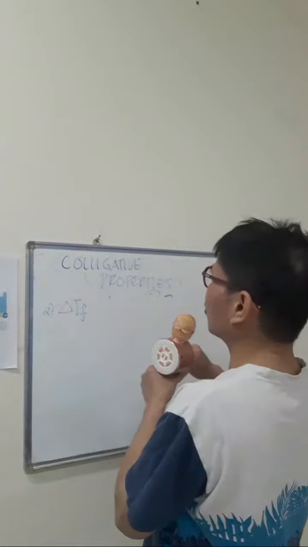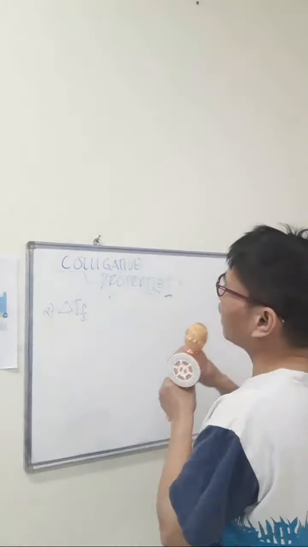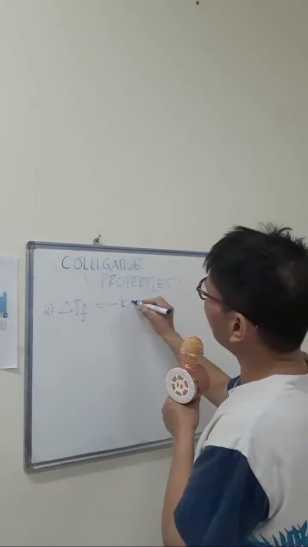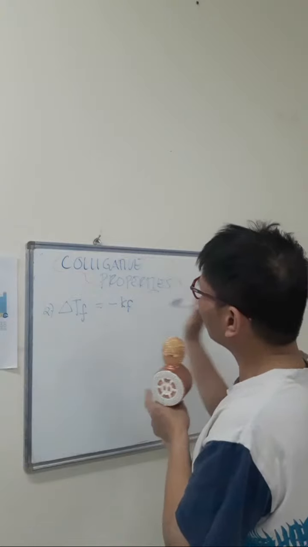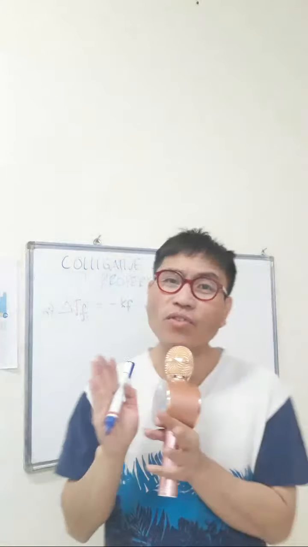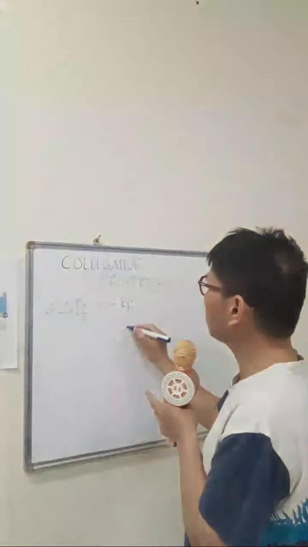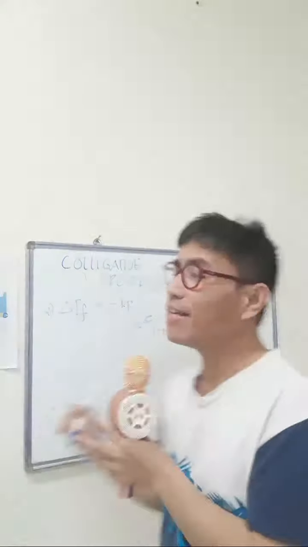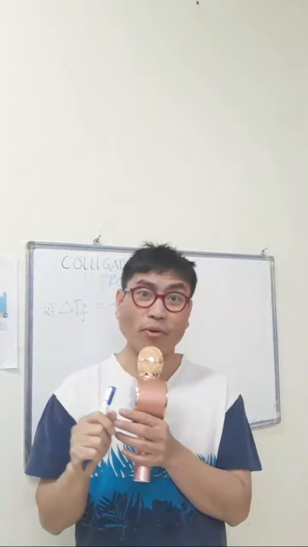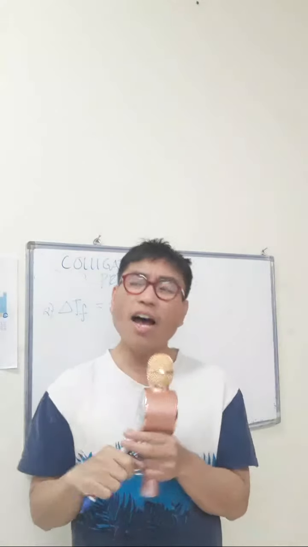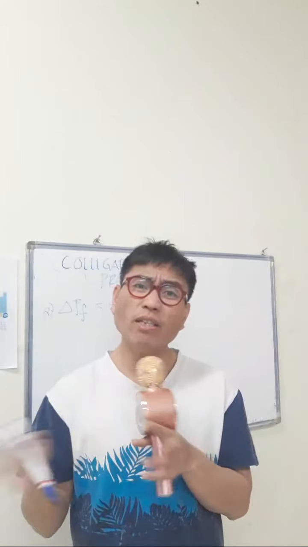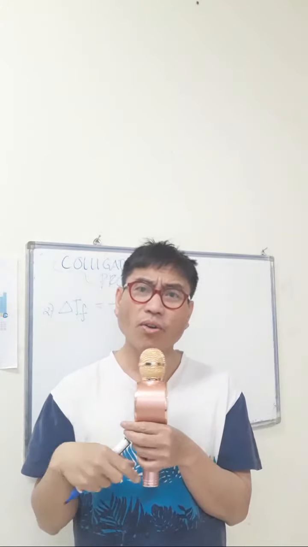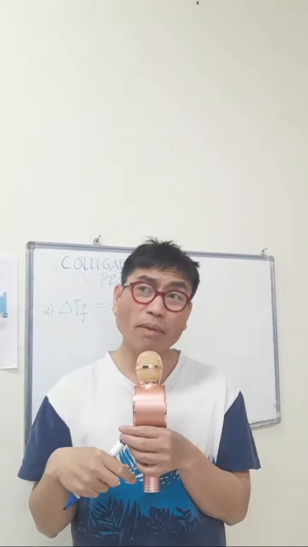Freezing point depression. Okay. This is negative K_f. Freezing K_f is the freezing point constant, equal to negative 1.86 Celsius. And you have to memorize this, guys. There are only two, very easy to memorize, for water only. Others will be for inorganic liquids and so on, but you have to look at the table in different books, and normally it will be given in the problem.